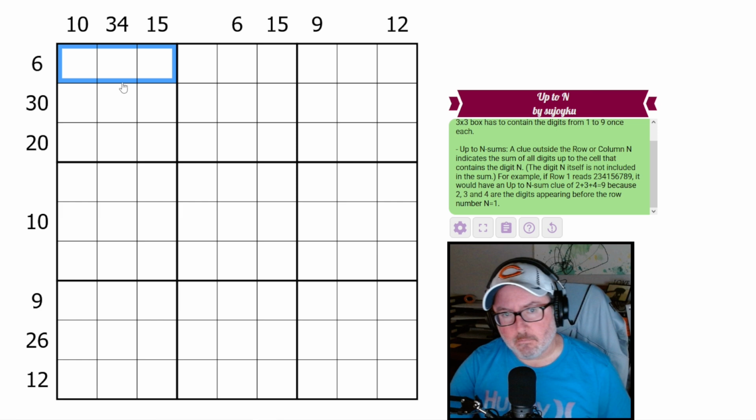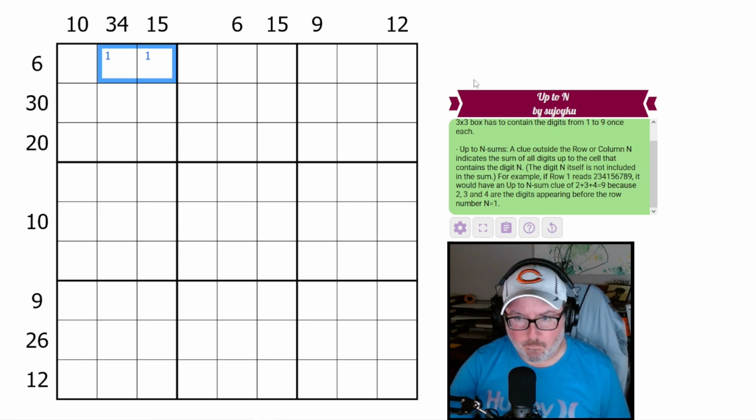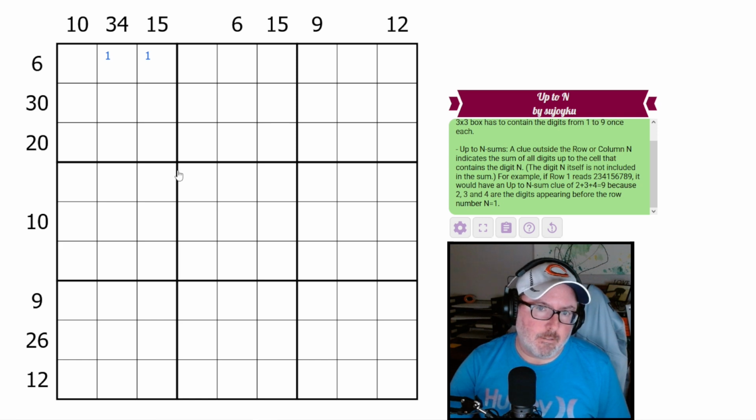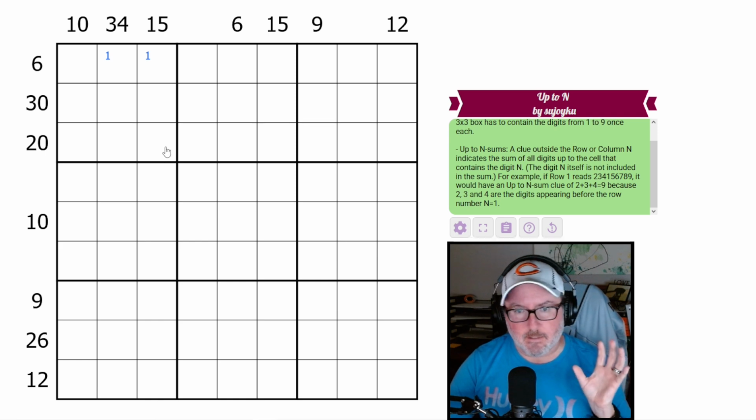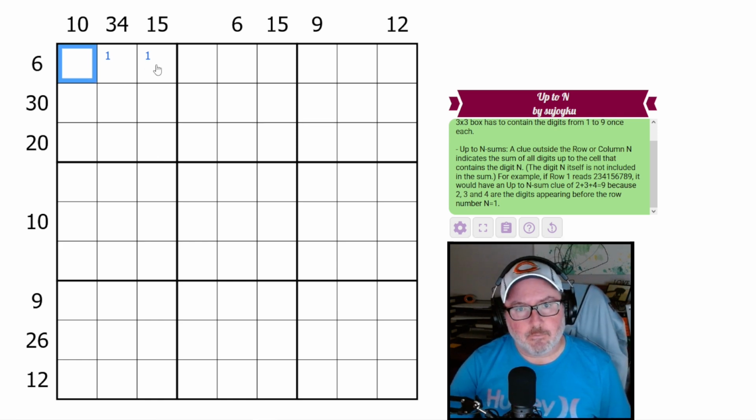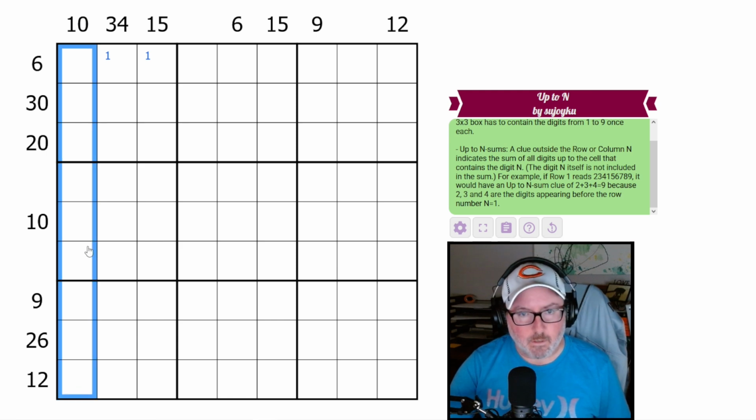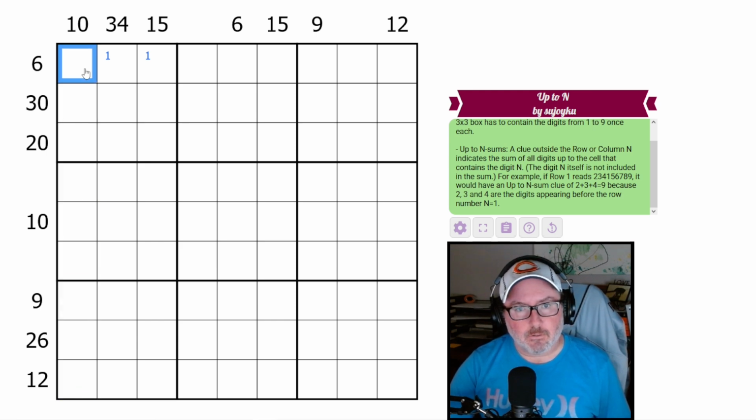Okay, so I think we can say one of these is a 1. Now, that's not incredibly helpful at first blush, because if we had said maybe this could be a 1, then we could rule it out, because this is column 1, and we can never have a 10 clue where it just stops before we can get to a value.